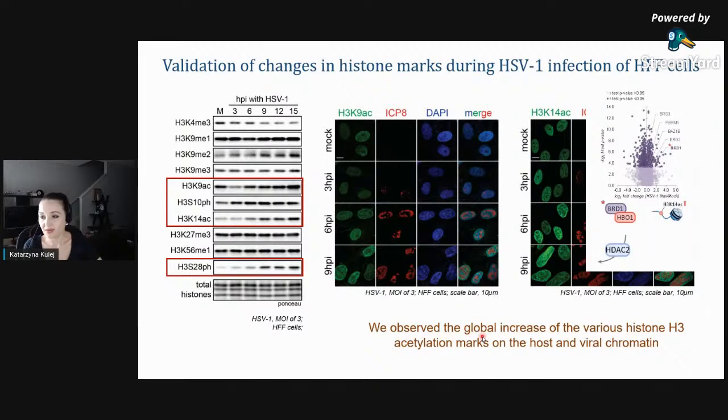And just to remind you of the results from my host chromatin bound proteome, we found BRD1 and histone acetyltransferases to be more enriched on the host chromatin, and this increases the acetylome on K14, and indeed we see this in the histone results, as well as the exclusion of the HDACs, which can lead to a more global increase of the acetylome on the host chromatin in infected cells.